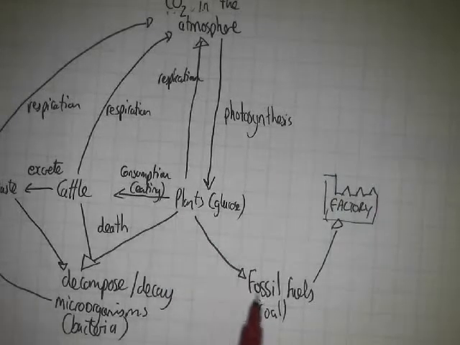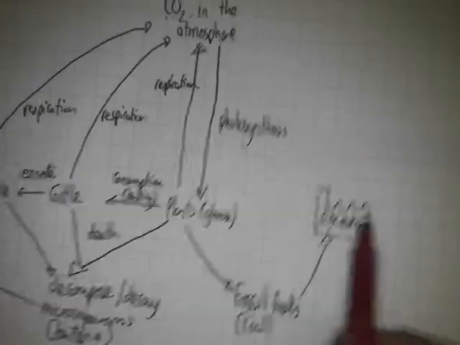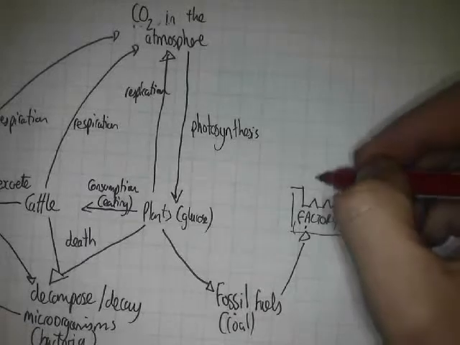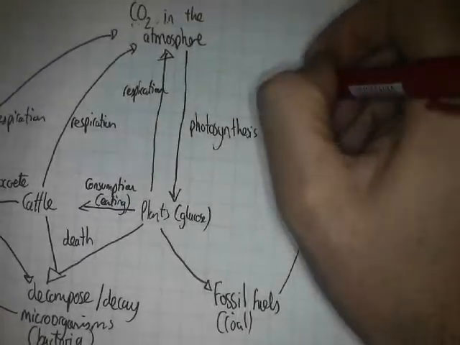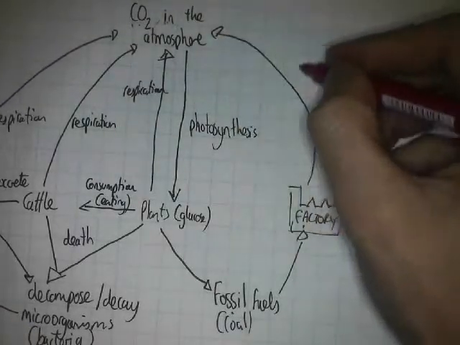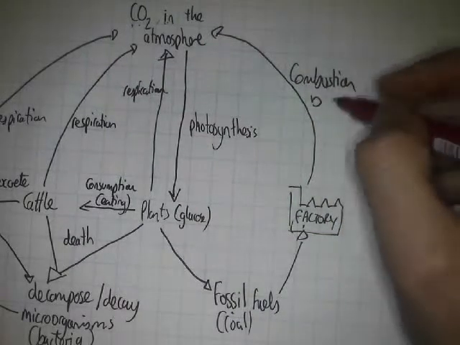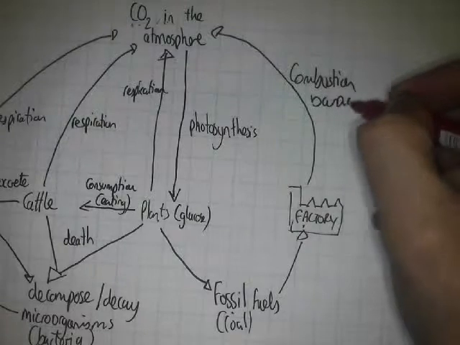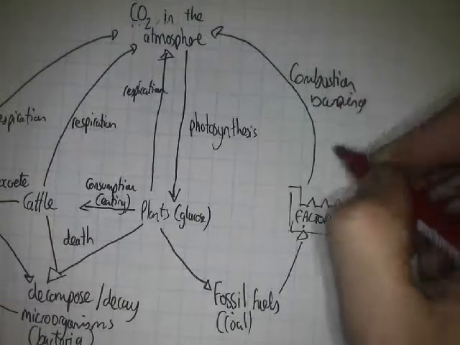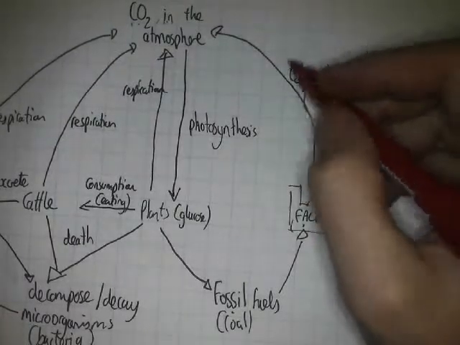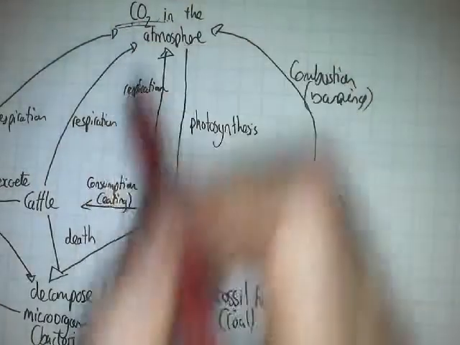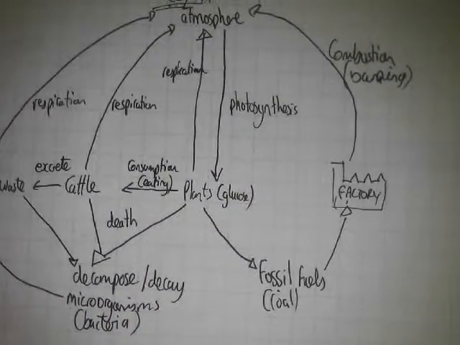You get your coal, it's formed from the plants, put it into a factory, and you are going to burn it, and you are going to get energy from it. But the burning, the combustion, posh word for burning, releases CO2. And that's the carbon cycle, people.